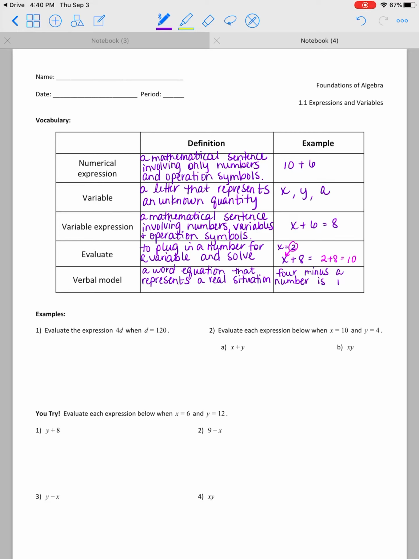So our first example, evaluate the expression 4D. Okay, now 4 and D, if you look, there's no actual operation symbol. There's no plus sign, minus sign, no division sign. There's an understood multiplication. These two are being multiplied.